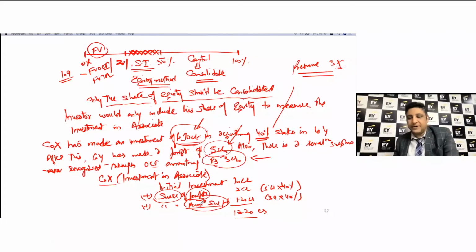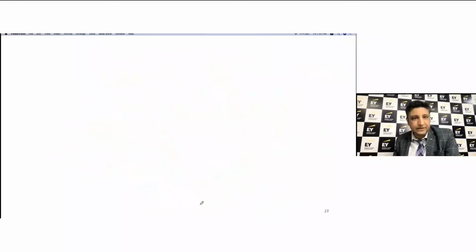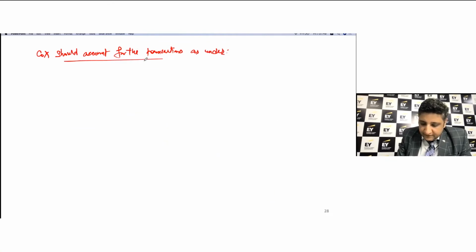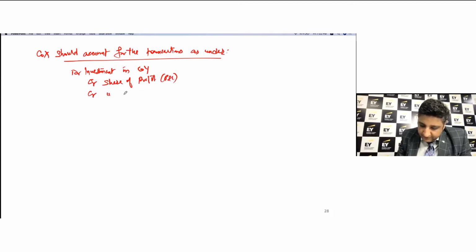Now the same transaction, from a journal entries perspective, how do we look at it? There's an initial investment which is already done. So we say debit investment in company Y, credit share of profit, which is coming through P&L, and credit share of revaluation surplus, which is coming through the OCI.